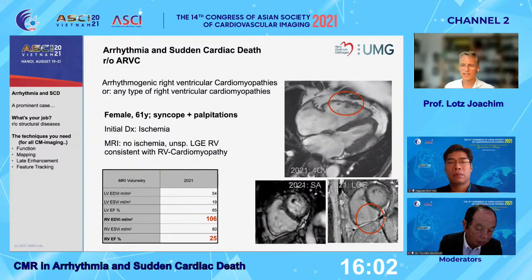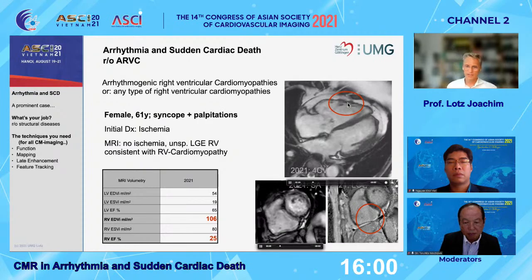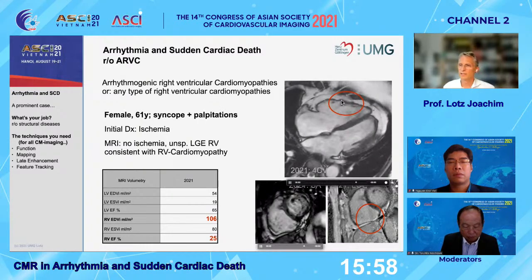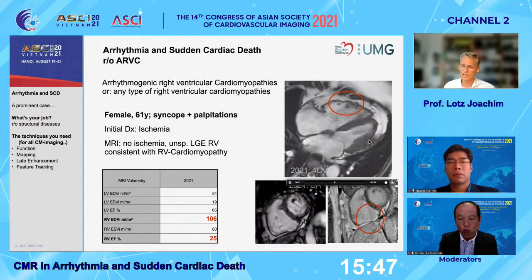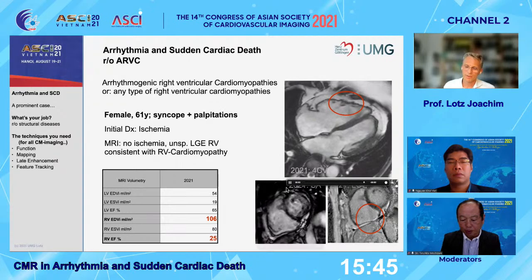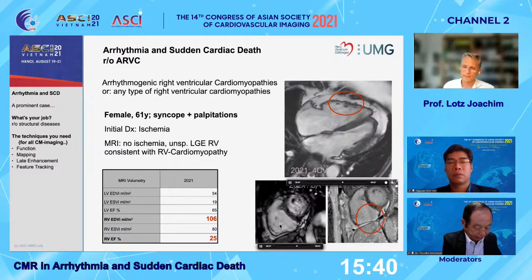What is interesting here is that you see all the major criteria you want to have. You see here very nicely the dyskinesia, the focal, we call them microaneurysms of the right ventricle because they're little blebs here, very small ones. And you see what we often see, that's why I put it in here: the imaging is distorted by her arrhythmias.